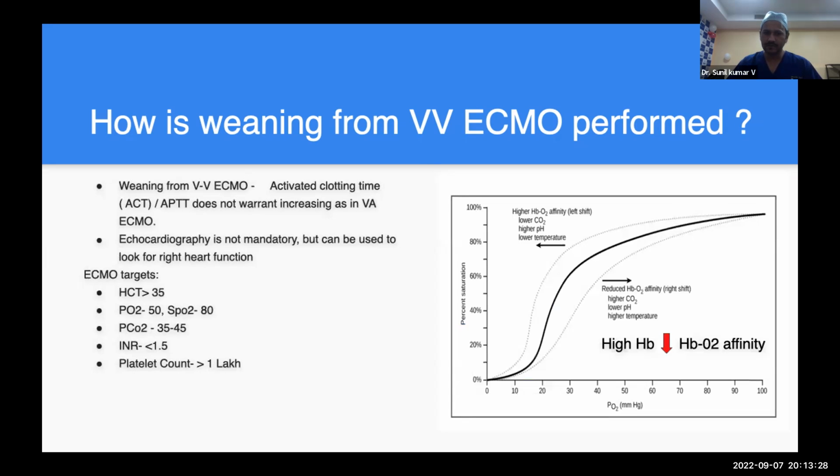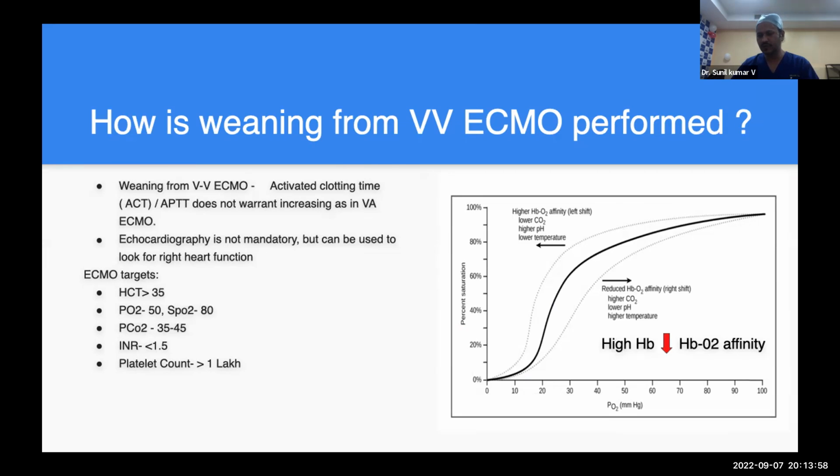For anticoagulation, with the ACT or APTT, we usually target an ACT of about 140 to 160 seconds. Usually for 2 to 3 days we monitor ACT, then we switch over to APTT. It doesn't warrant an increase as in VA ECMO.